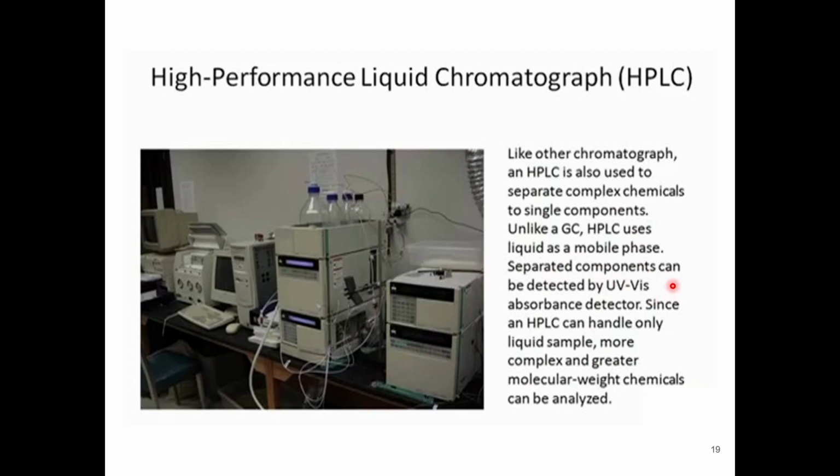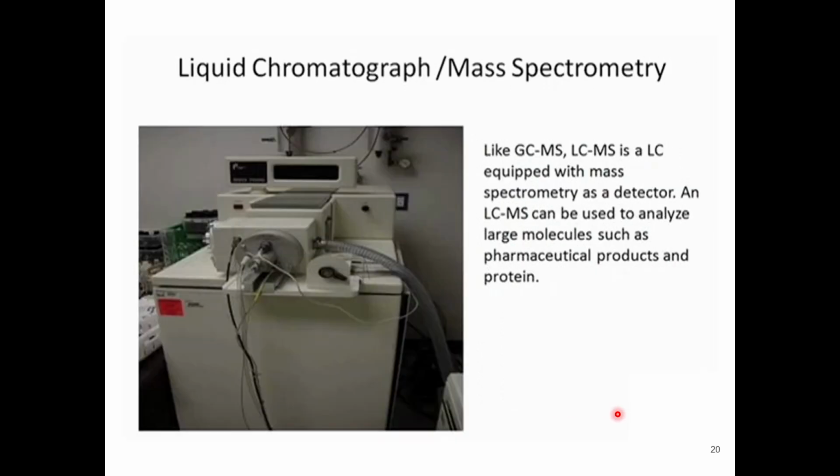The separated components can be detected by a UV-VIS, or ultraviolet visible absorbance detector. Since an HPLC handles only liquid samples, very complex and greater molecular weight chemicals can be analyzed. This is the usefulness of HPLC.